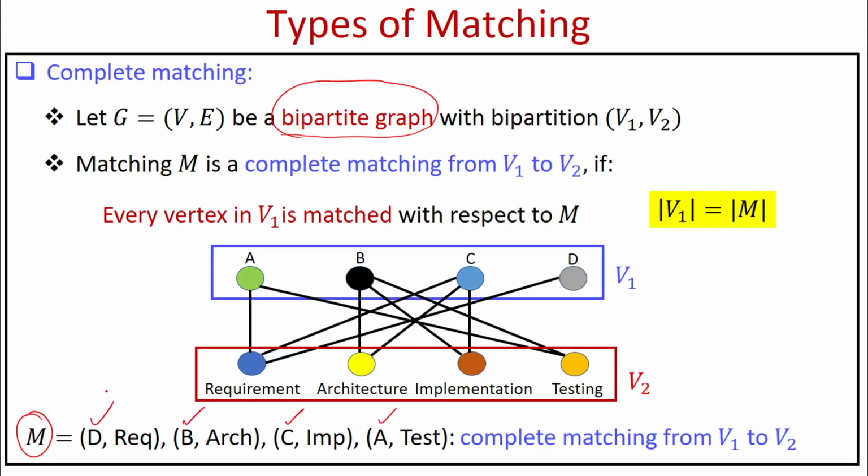In fact, in this particular example, this matching is also a complete matching from V2 to V1 as well, because I can interpret this matching as if it covers each and every vertex in the vertex set V2. So requirement is matched, architecture is matched, the node implementation is matched, and the node testing is also matched.